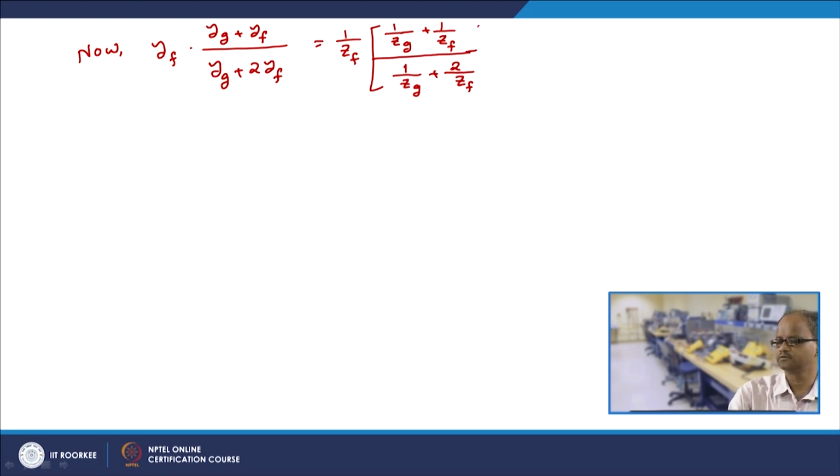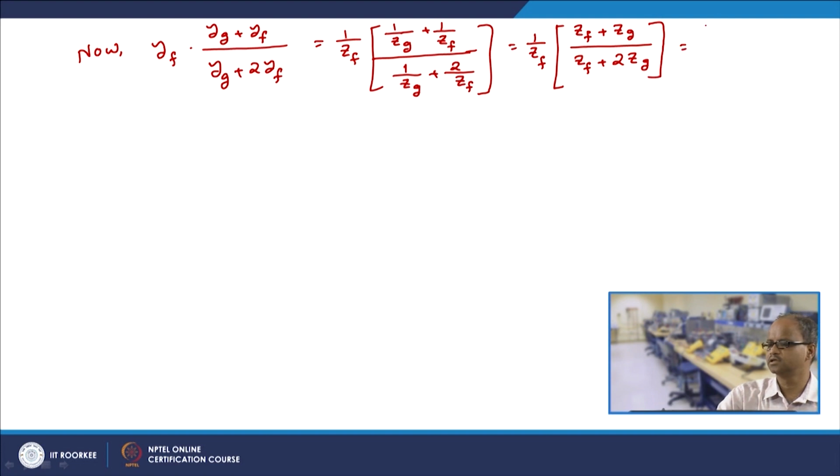So it is 1 by ZF into (ZF plus ZG) by (ZF plus 2ZG). So it is (ZF plus ZG) by (ZF square plus 2ZG ZF).